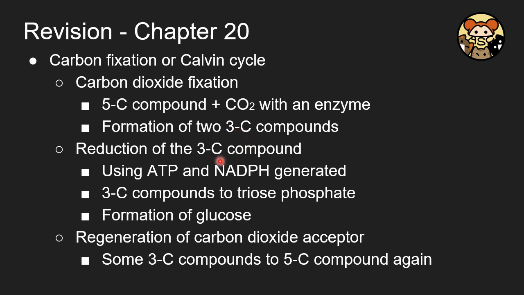And then this 3C compound will be reduced using the ATP and NADPH generated in the previous step, that is the photochemical reaction. And then this 3C compound will be turned to triose phosphate, and this triose phosphate will be used to form glucose. And this triose phosphate will also regenerate the carbon dioxide acceptor, that is the 5C compound shown in the initial steps.